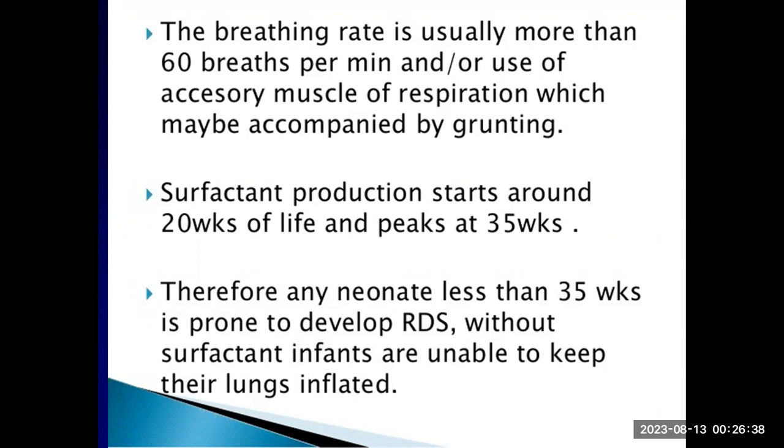This is because of the deficiency of surfactant. Surfactant production starts around the 20th week of gestation and peaks at 35 weeks of gestation. Therefore, any neonate less than 35 weeks is prone to develop respiratory distress syndrome. Without surfactant, infants are unable to keep their lungs inflated.